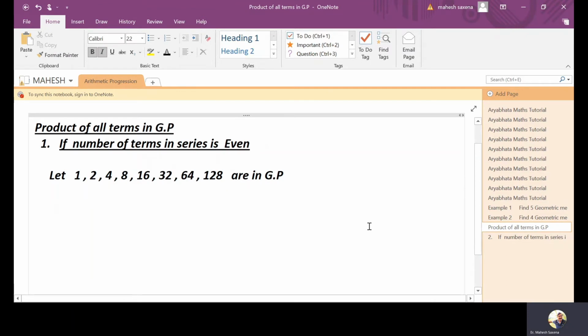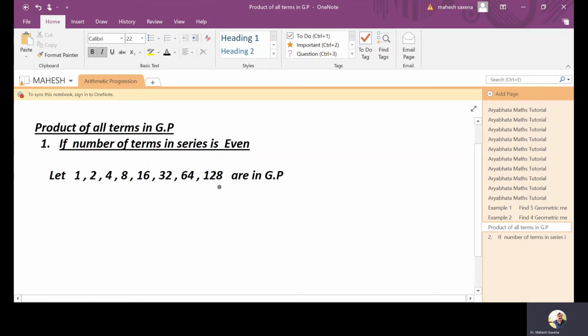Suppose we have to find the product of all terms which are in GP. It is very easy to find this product by a shortcut method. But in this case, we have to check whether the number of terms in the geometric progression is even or odd. I take the first example in which the number of terms is even. For example, let the numbers be 1, 2, 4, 8, 16, 32, 64 and 128.